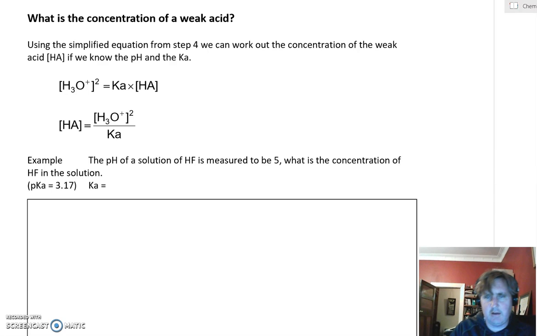Okay, so let me just put up here our general equation for a weak acid reacting with water in dynamic equilibrium. Oh, sorry, H2O. So what we end up with is H3O plus, remember, and A minus.